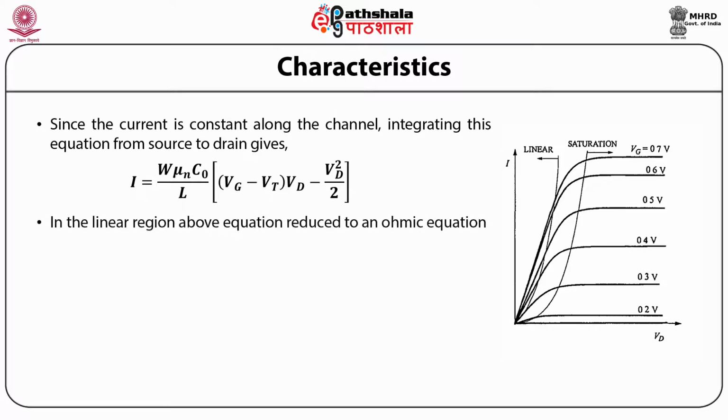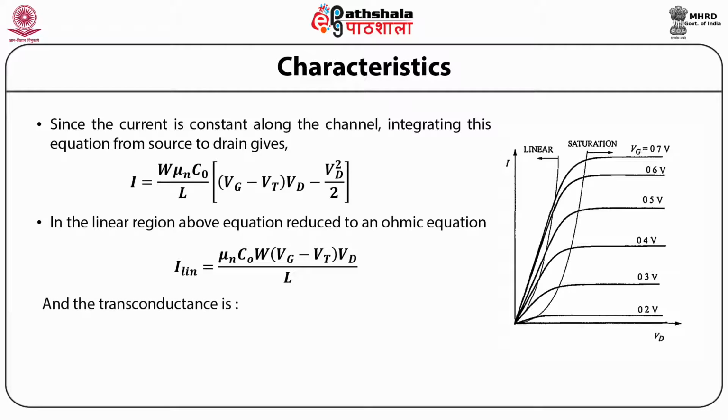In the linear region, the above equation reduces to an ohmic equation, and I linear is equal to mu n C naught W multiplied by Vg minus Vt multiplied by Vd divided by L, and the transconductance Gm for the linear portion is equal to d I linear divided by dVg, equal to mu n C naught W Vd by L.